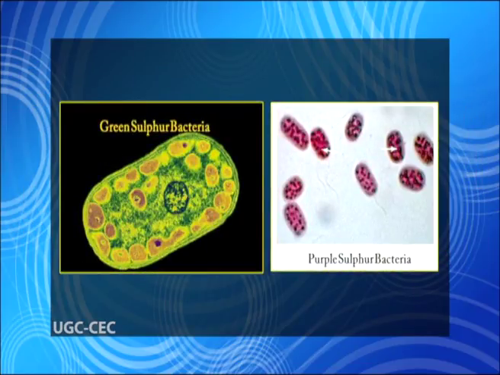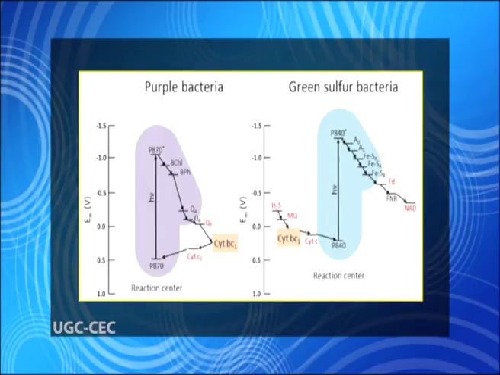It is seen only in photoautotrophs, the organisms which are capable of fixing carbon dioxide and converting it into glucose. Green sulfur bacteria and purple sulfur bacteria are very common bacteria which represent photoautotrophs. In these bacteria, pigments trap light and convert it into potential chemical energy.